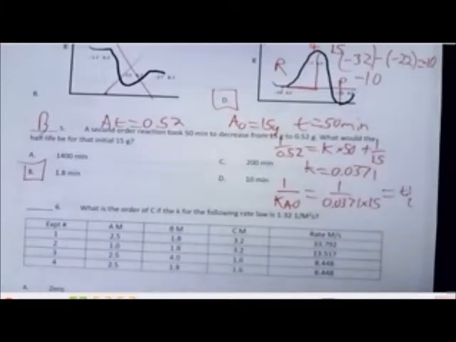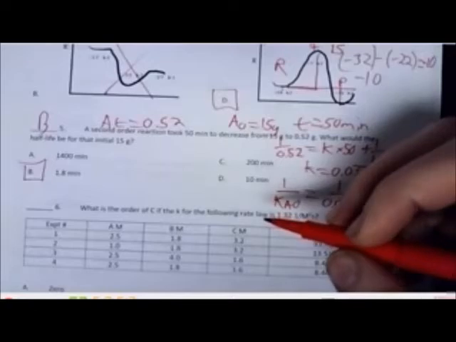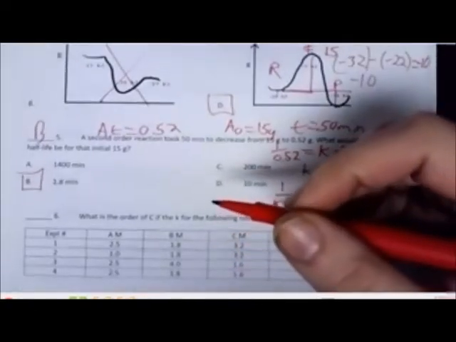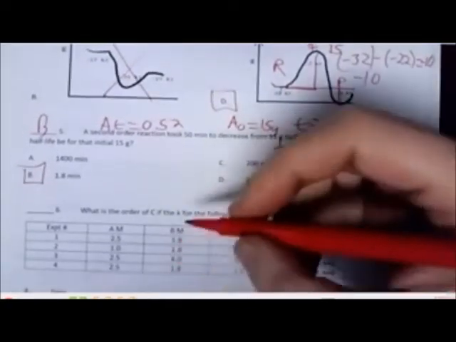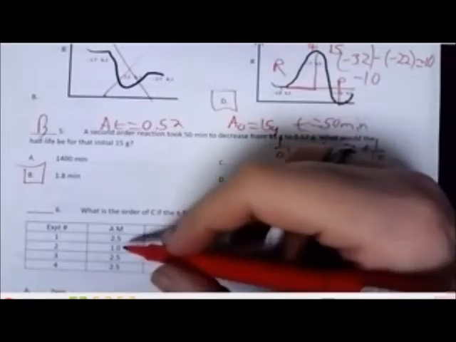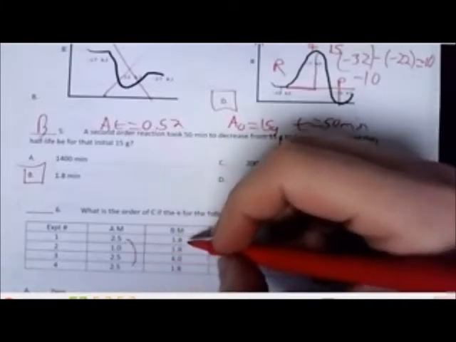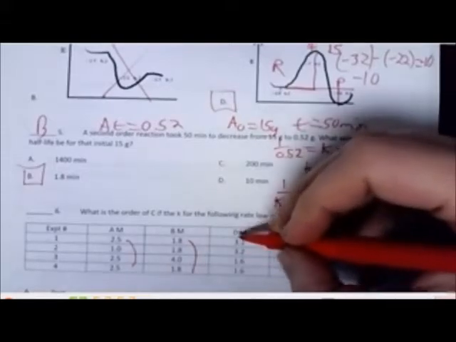Okay, what is the order of C in the following reaction with a rate law of blah, blah, blah? Really, you could just look at this. It's very complicated, but if I compare experiments 1 and 4, the concentration of C doubles.